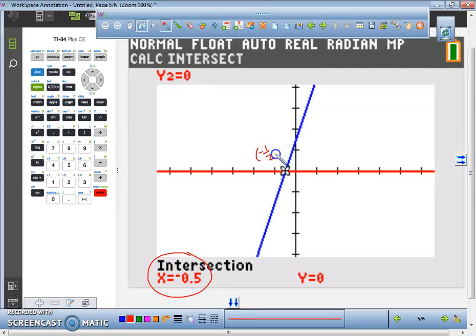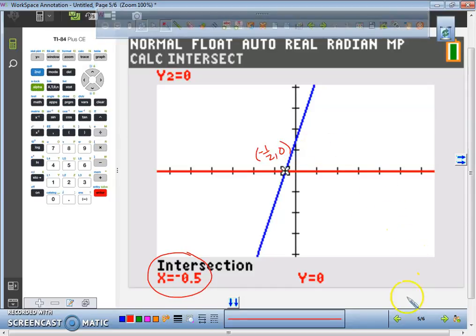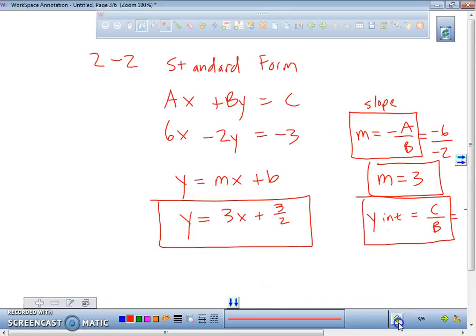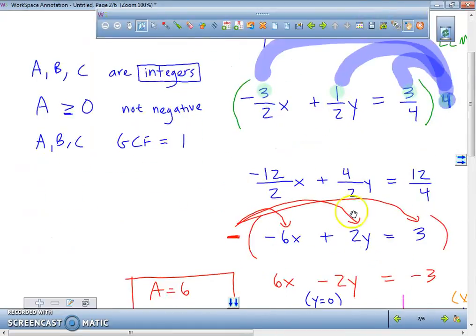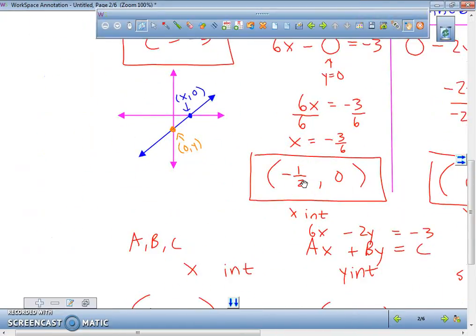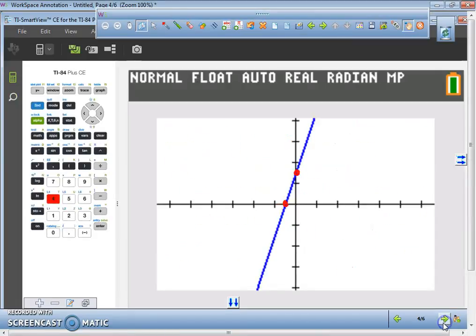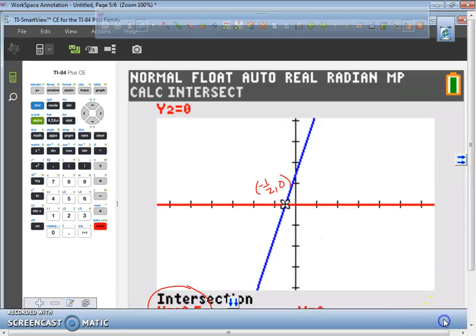At negative what? Half comma 0. Where did we say our x-intercept was located? Negative half comma 0. Okay? Would you agree it takes a little bit longer than the graphing calculator? Okay? But that's how you can check it.